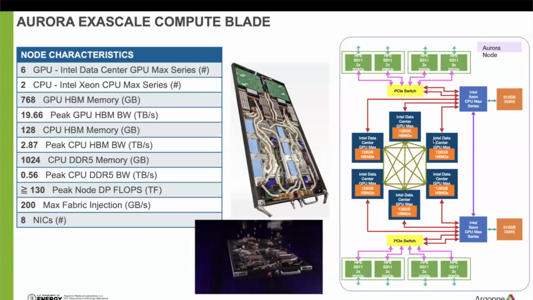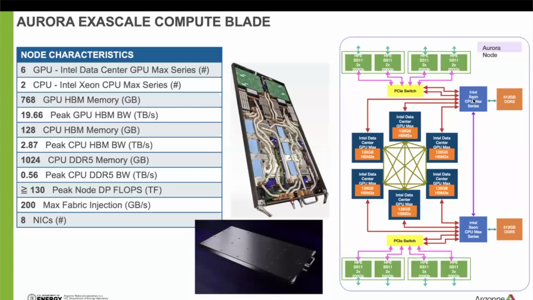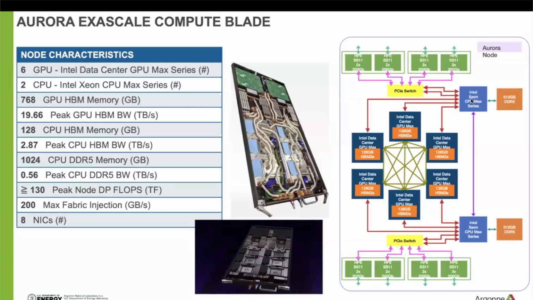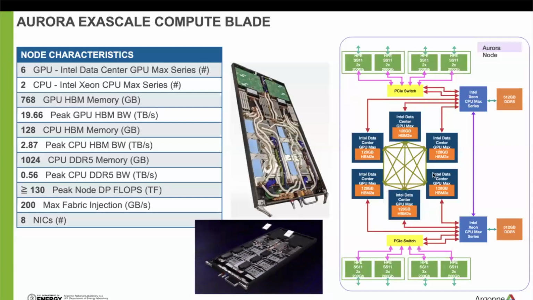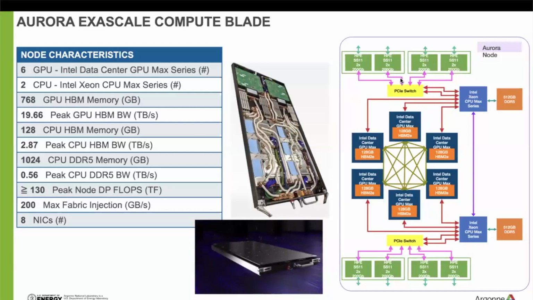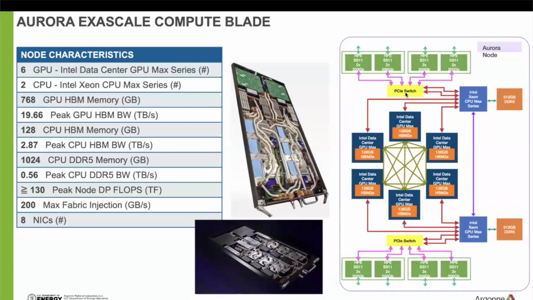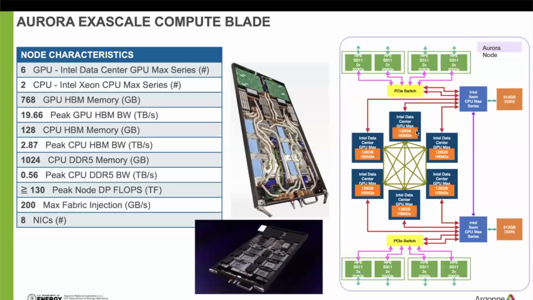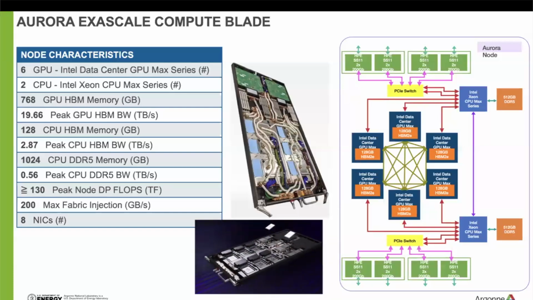The first three GPUs are connected to the first socket of the Xeon processor through PCIe 5, and the last three GPUs are connected to the socket 1 CPU through PCIe 5. Each CPU is connected to four NICs through a PCI switch. In total, the node has 8 NICs, eight network endpoints to the Slingshot network.